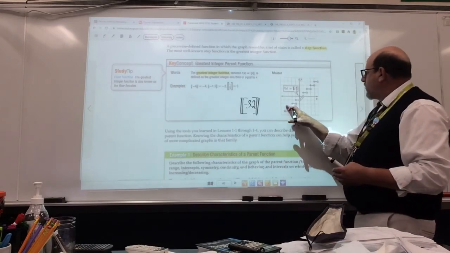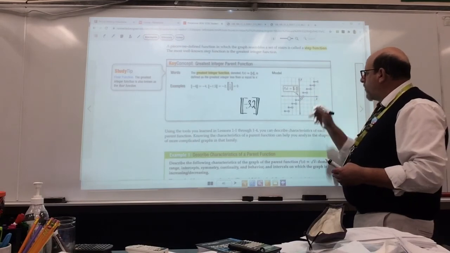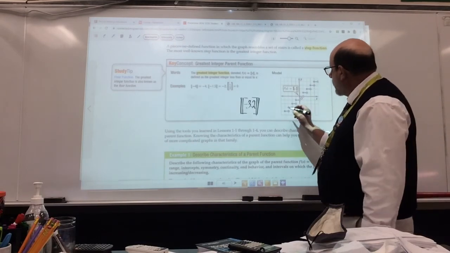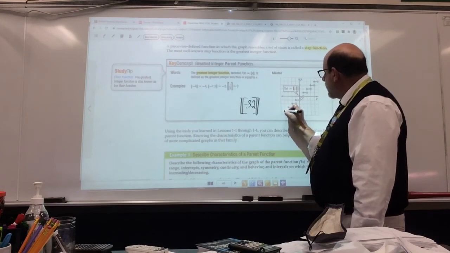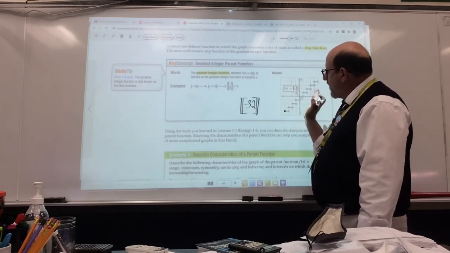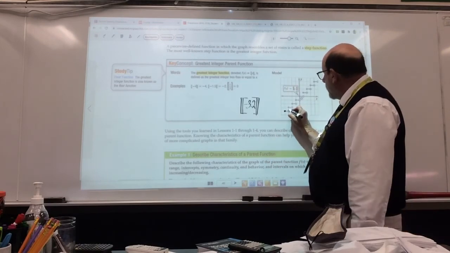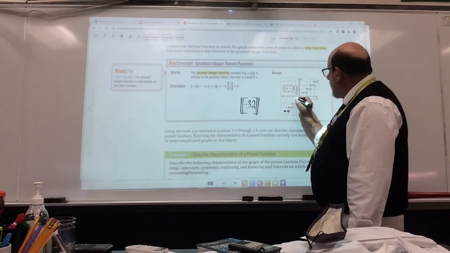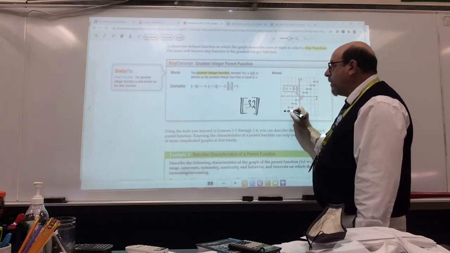And it's a perfect, look at this perfect step function. And I want you to notice two things. I want you to notice that it includes that integer to the left. But it doesn't include its open circle here at -3, right? -4 it includes, but it doesn't include -3. Why?